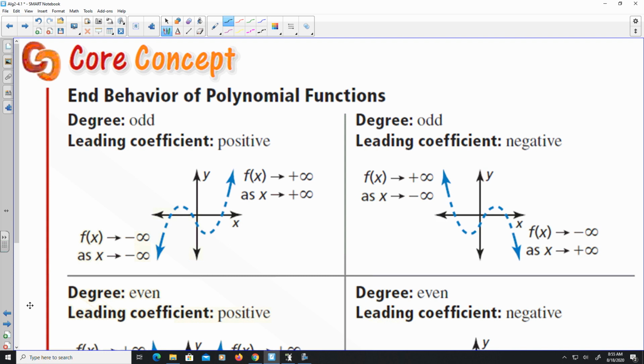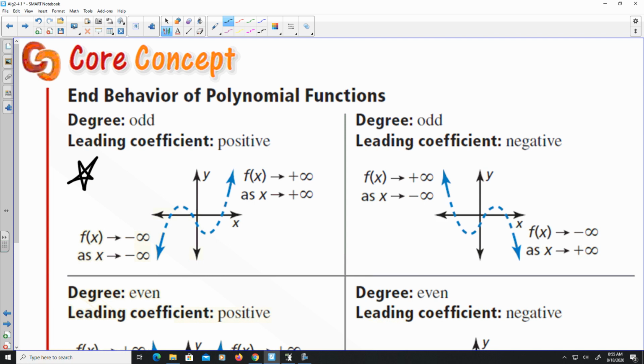So if you look at the chart here, in these first two graphs, both of these graphs have an odd degree. So to the first power, to the third power, to the fifth power, to the seventh power. Those are all odd degrees. If you look at the graph on our left, this one right here, this one is a representation of a polynomial function where your lead coefficient is positive.